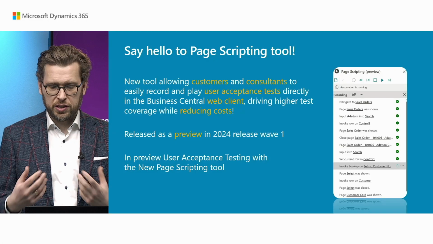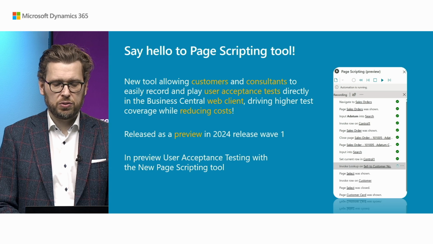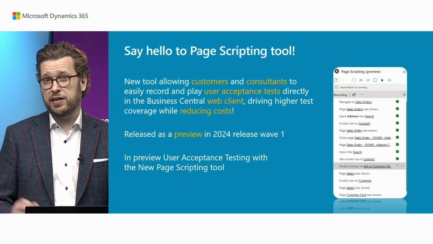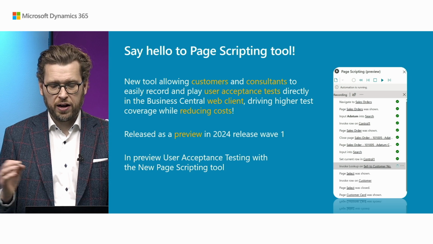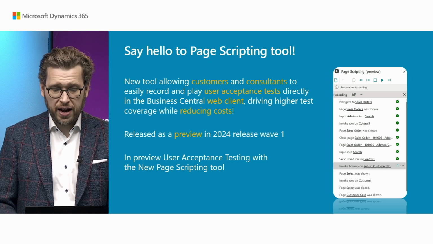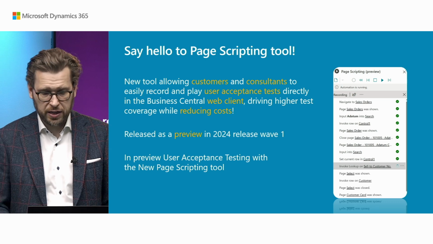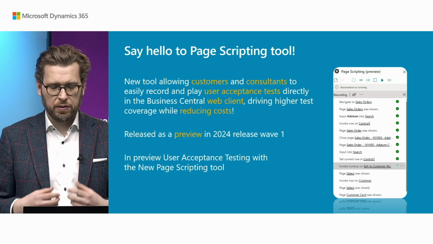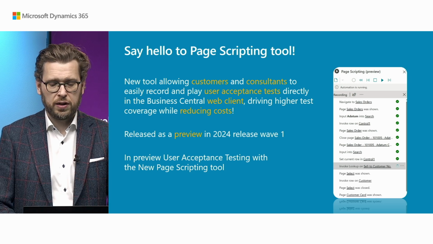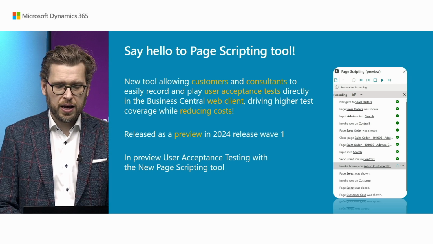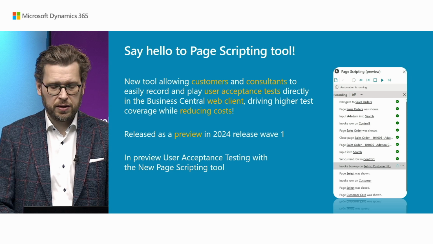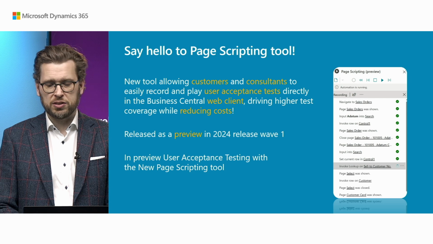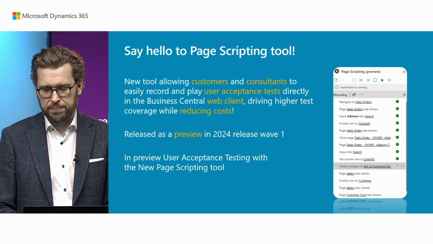It allows customers and consultants to easily record and play user acceptance tests directly in the Business Central web client, driving higher test coverage and increasing agility while reducing costs. This is something that we released as a preview in 2024 Release Wave 1, and you can join me in a session going deep into this, the in-preview user acceptance testing with the new page scripting tool.